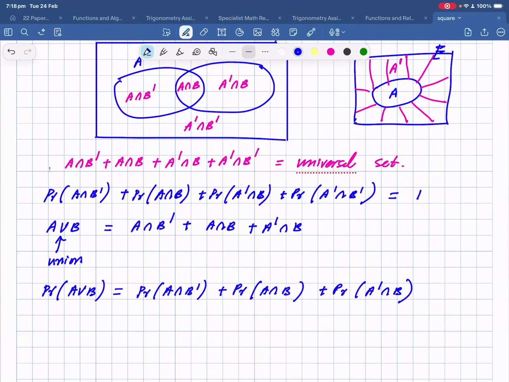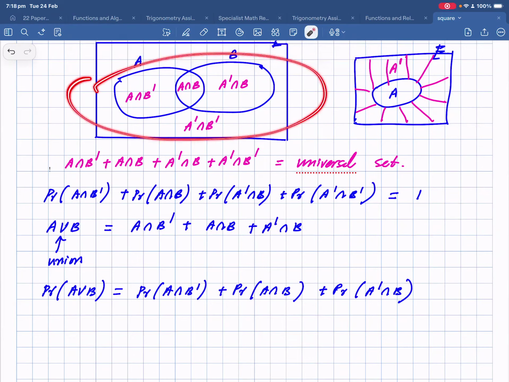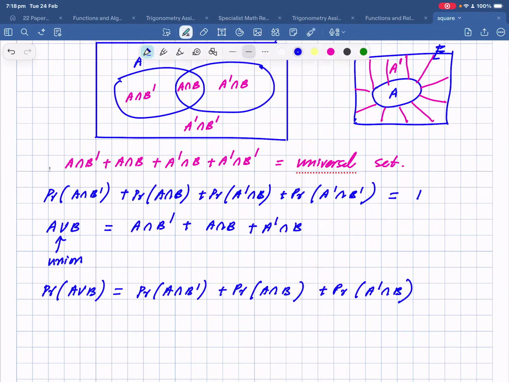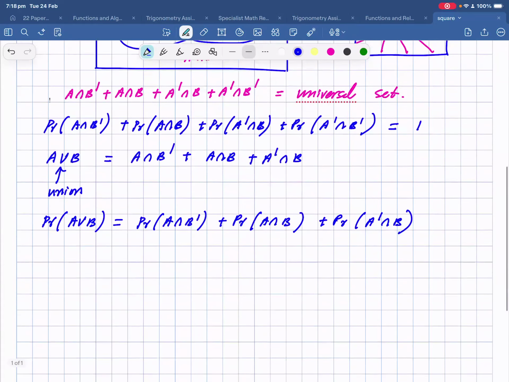So now that is another construction. You don't have to remember these things, but you need to know this diagram. All of these are constructions through that. So if you understood, that's fine.